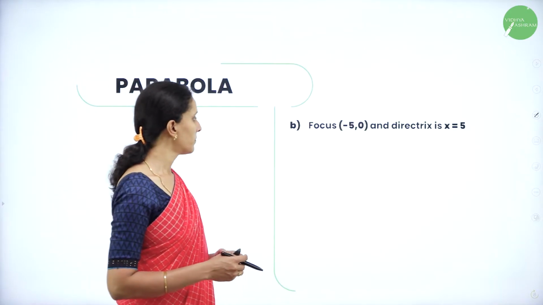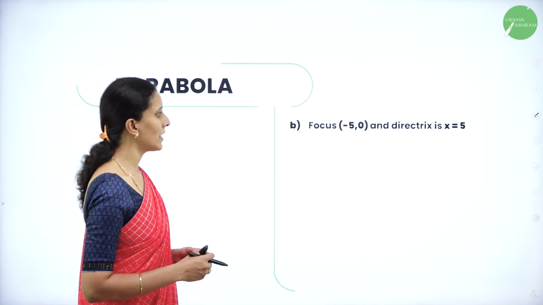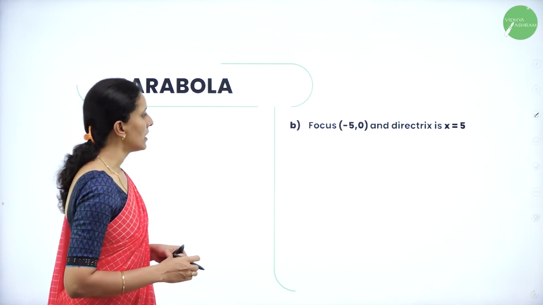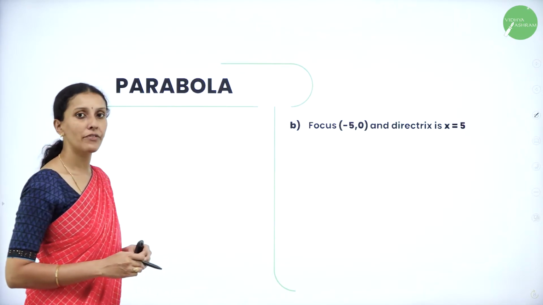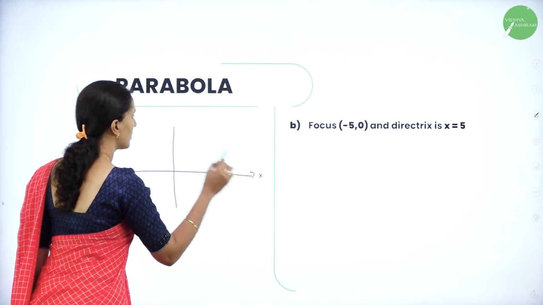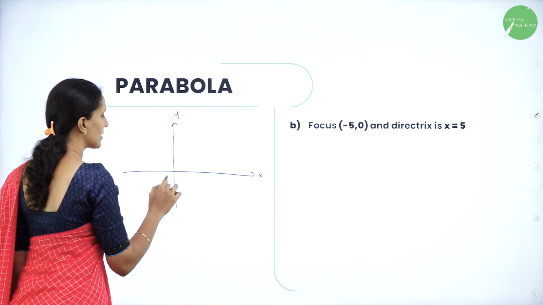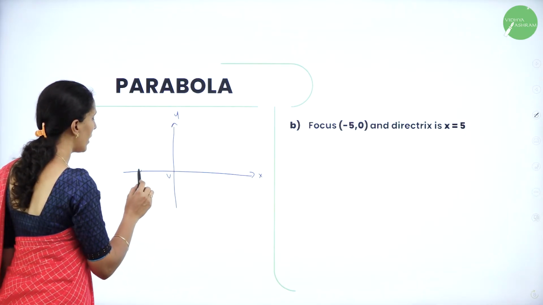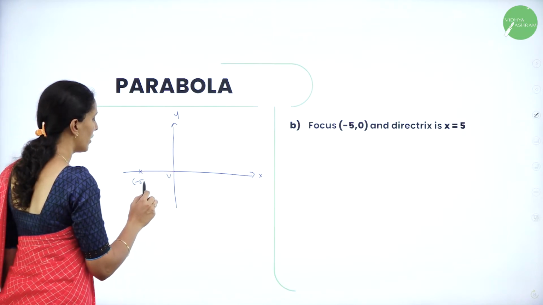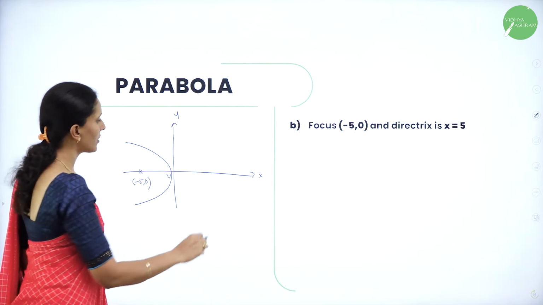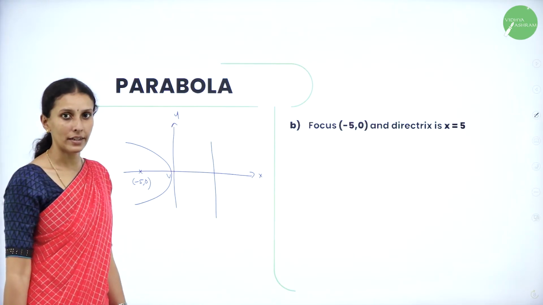Next question. Focus is minus 5, 0 and directrix is x is equal to 5. So focus is given minus 5, 0. If this is my x-axis and y-axis and this is the vertex, that is origin we can consider, focus is somewhere minus 5, 0. If here is my focus, my curve will be like this. And the directrix will be at a distance of x is equal to 5.